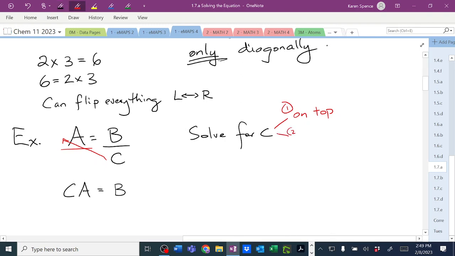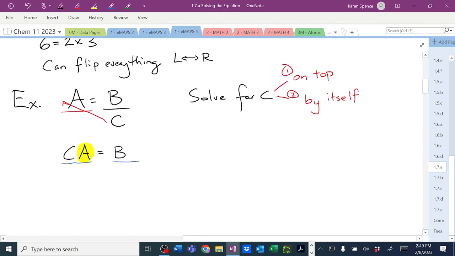The second thing we have to do is we want C to be by itself. Is it by itself? No, we have the letter A cluttering up the C, and I'm going to put my lines here so that I remember that there is a denominator there that I could move things into if I wanted to.